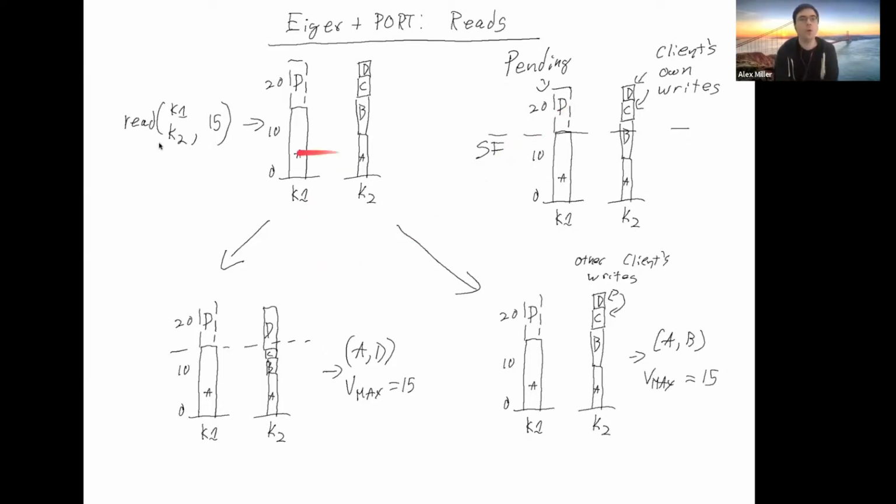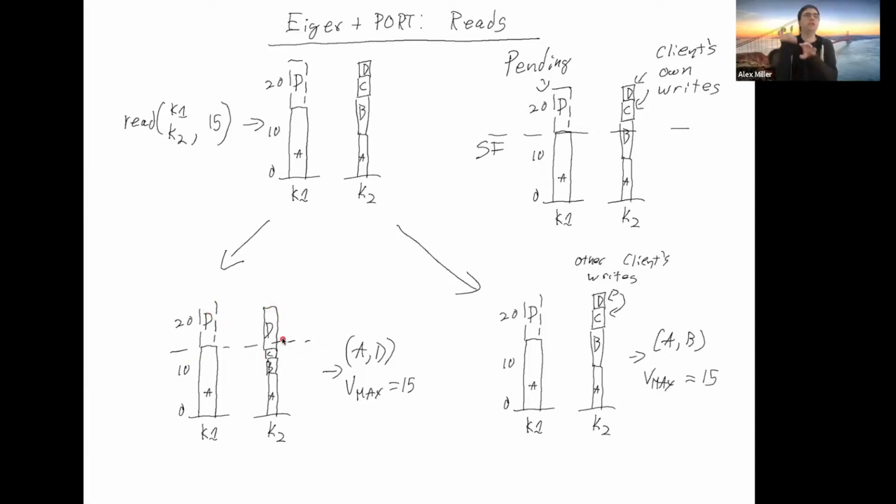So when we do this read, we now split into 2 cases. In the first case, C and D are this client's own writes. If that's the case, then we take the maximum of anything we've seen.